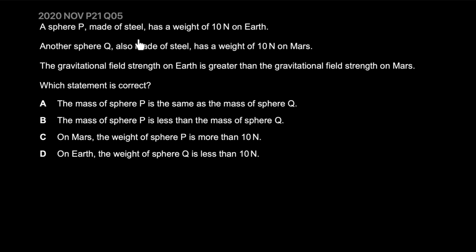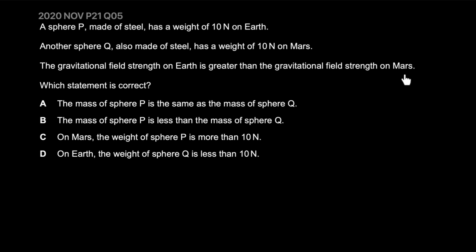A sphere P made of steel has a weight of 10 newtons. Another sphere Q, also made of steel, has a weight of 10 newtons on Mars. The gravitational field strength on Earth is greater than the gravitational field strength on Mars.